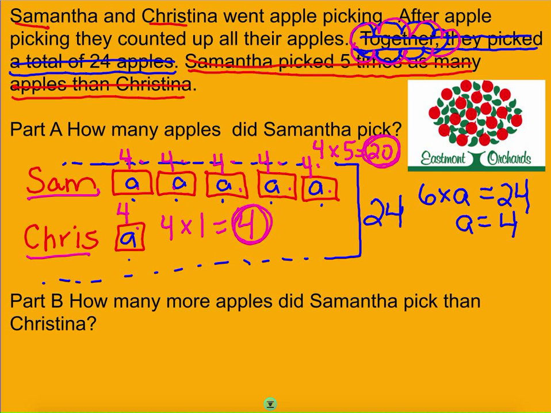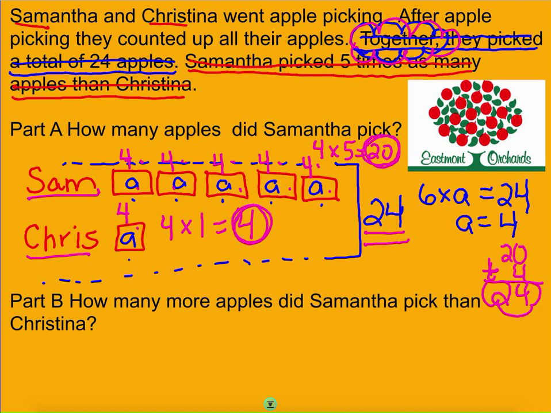But if I add them together, 20 plus 4 equals 24. And just to check my work off to the side, I'm going to add Samantha's apples and Christina's apples. And together, it's 24. So that is correct.